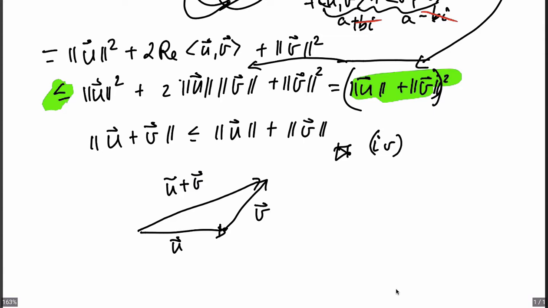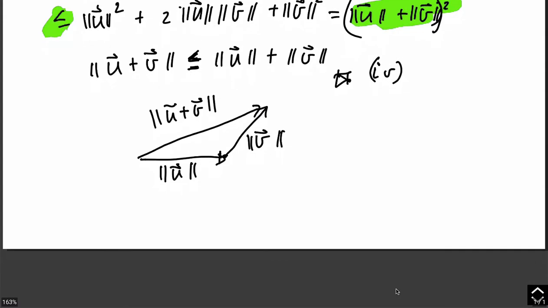And the lengths of these sides are the lengths of the vectors. And this is basic geometry, that the sum of two sides is always greater than or equal to the length of the remaining side. Next topic is orthogonality.